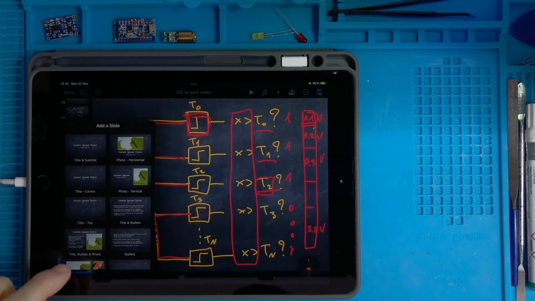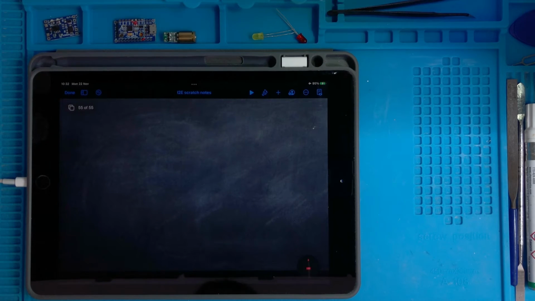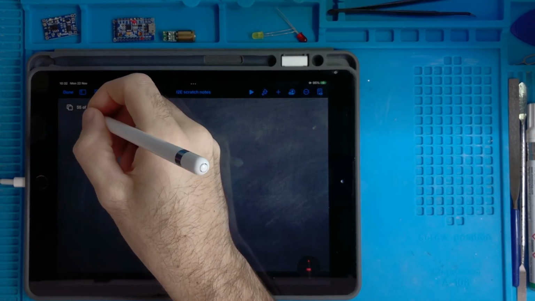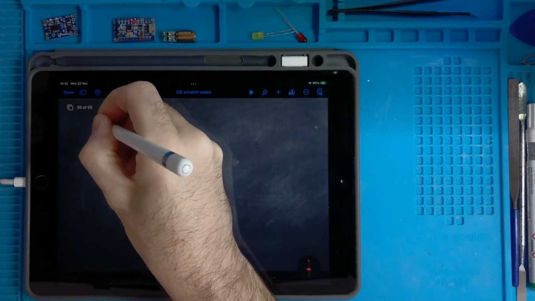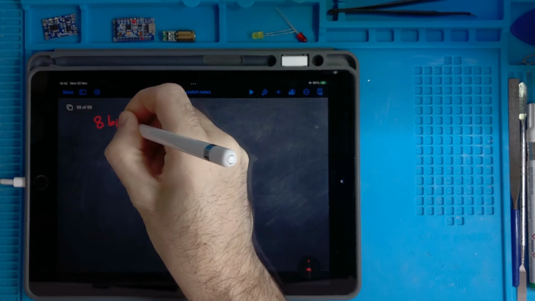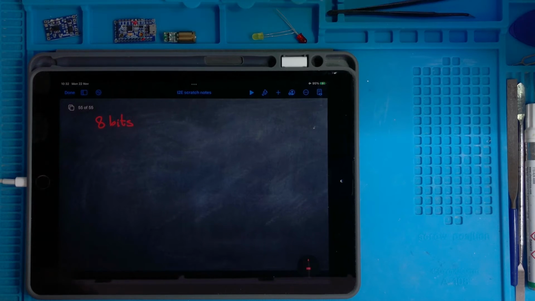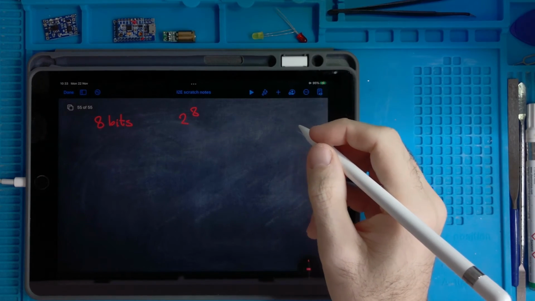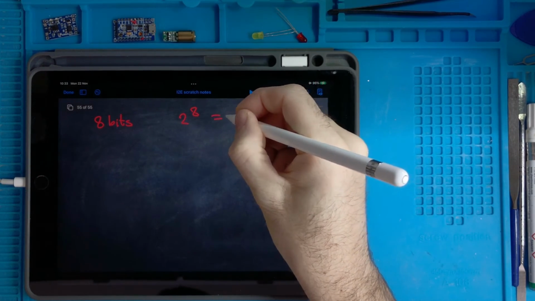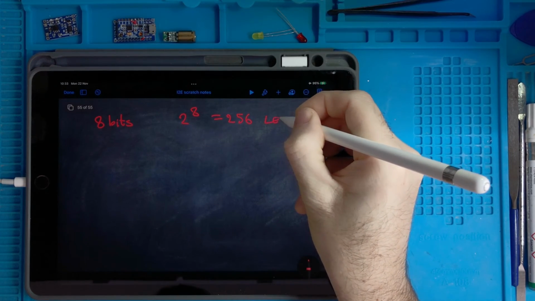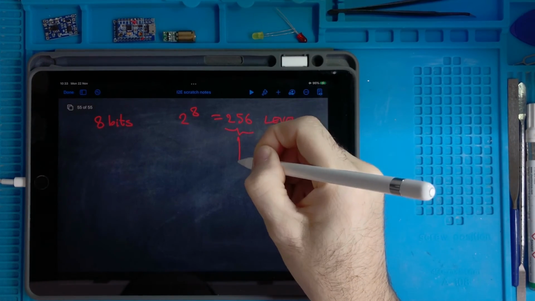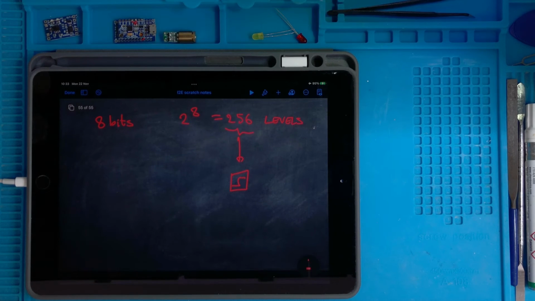So for instance, if we want to create a signal which is divided into 8 bits of information, it means that we need 2 to the 8 levels, which is 256 possible levels, which means that we need 256 circuits like this, which is a lot.